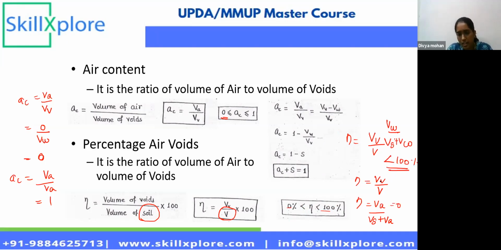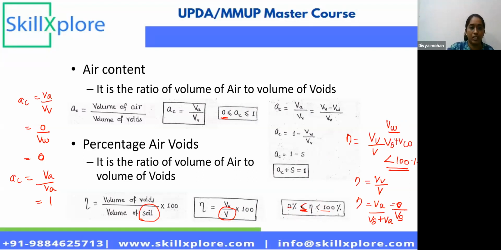And for 0%, it will be equal to 0. It can take 0%, but it will not take 100%, because for a fully saturated condition, VA will be equal to 0. So please take note of it. It can take a value of 0%.